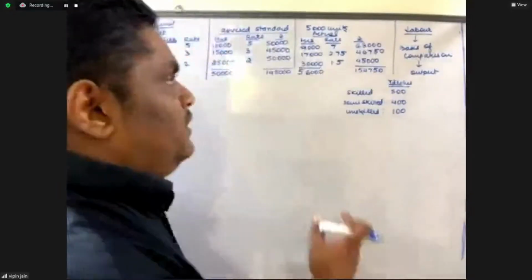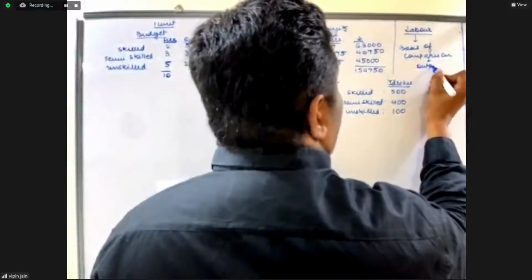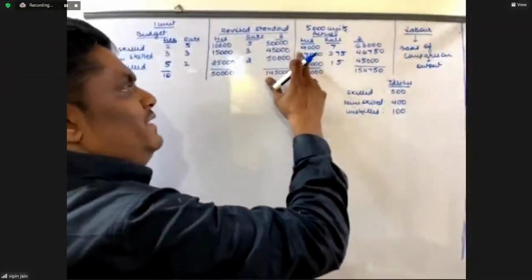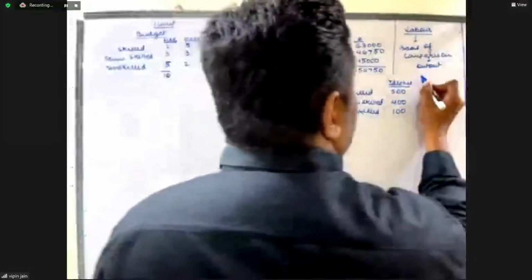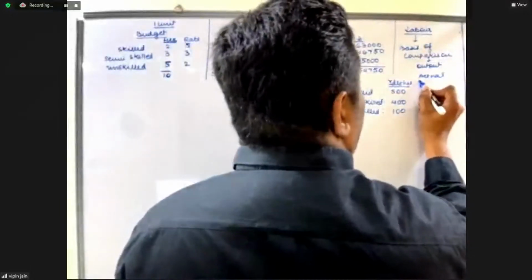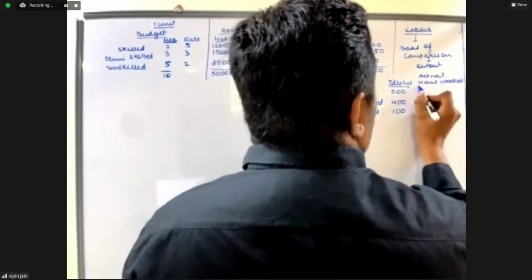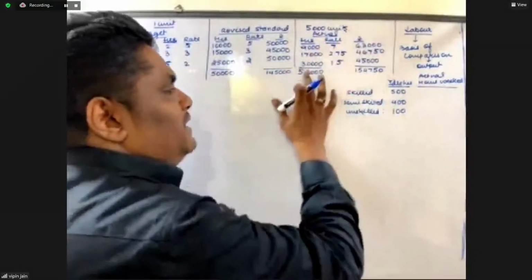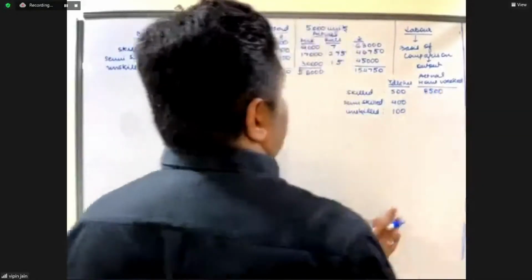So herein, when talking about the hours paid, this 9,000, 17,000, 30,000 we are actually paying. For these hours we are actually paying. But the hours actually worked will be how much? See, for 9,000 hours we are paying, but the workers are actually working for how many hours? 8,500 hours.